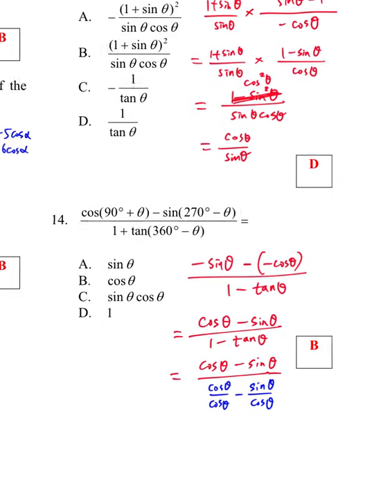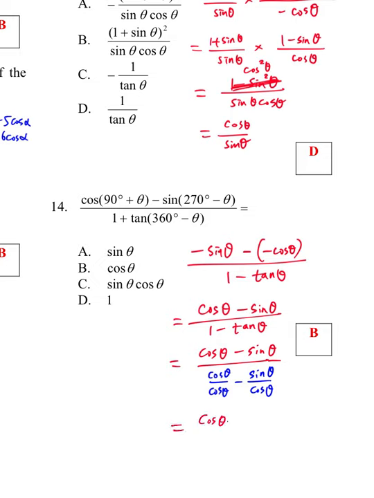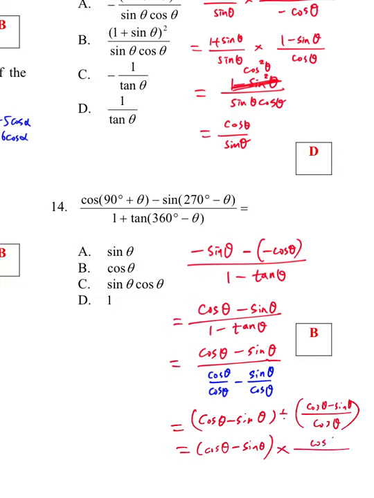The reason for doing this is that you are trying to divide cosine theta minus sine theta by cosine theta minus sine theta over cosine theta. If you write one more step handling the complicated fractions, you will see that cosine theta minus sine theta can be cancelled out by each other to get the answer B. This is quite an interesting question.